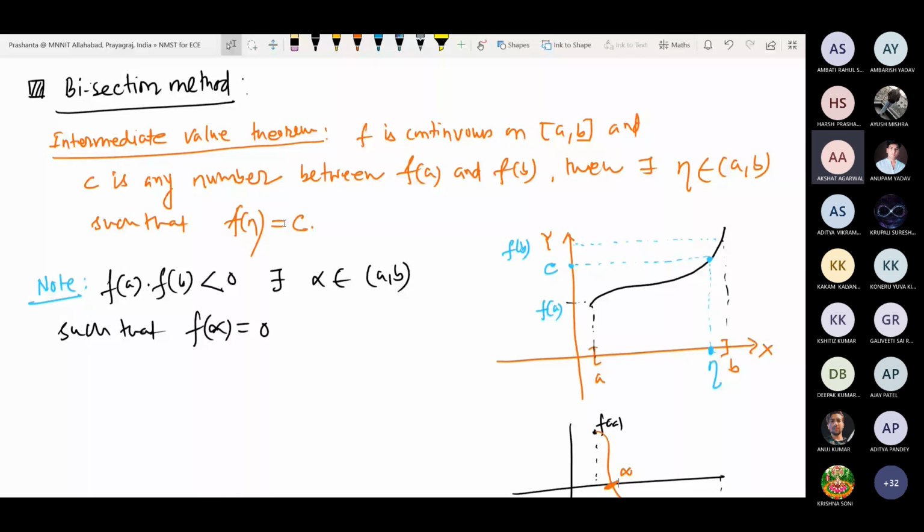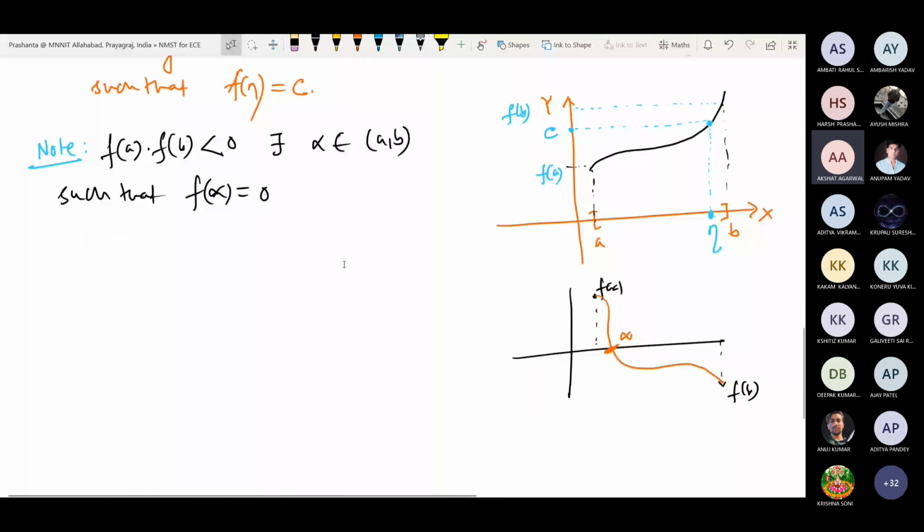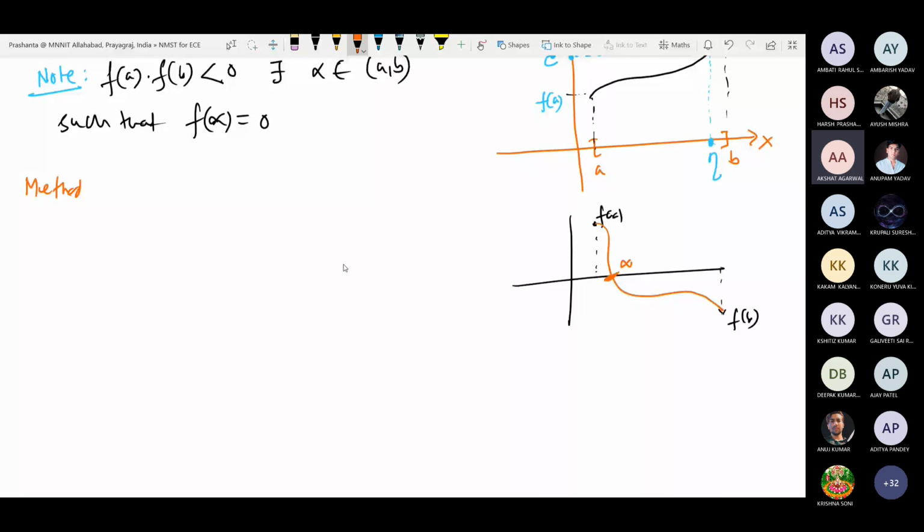Okay, so how does the bisection method work then? So the method: choose two initial guesses which will contain a root. So choose a and b, or x0, x1.